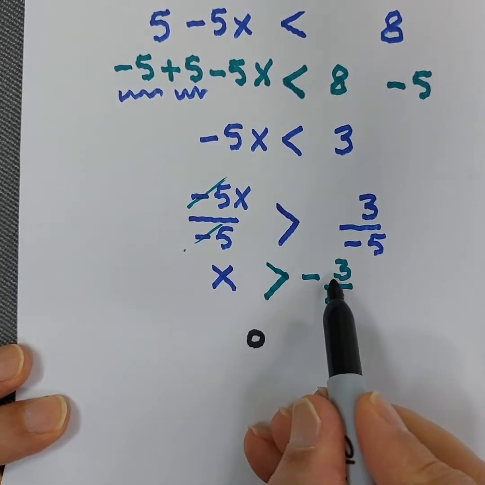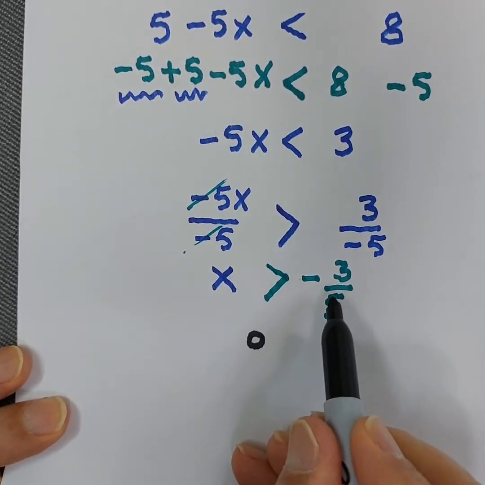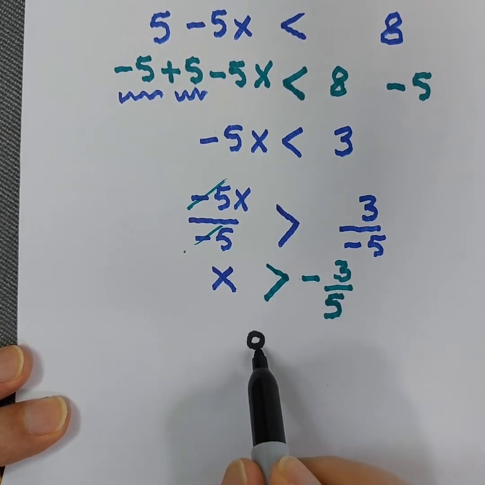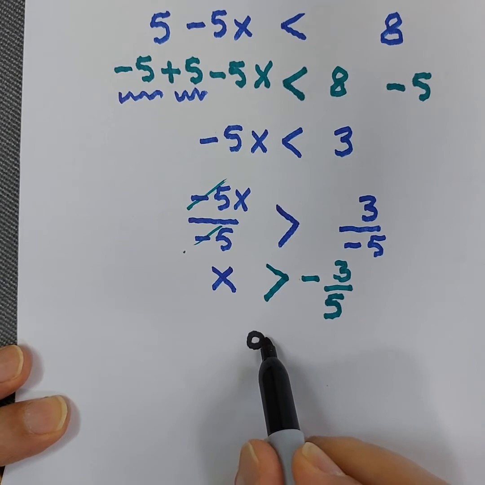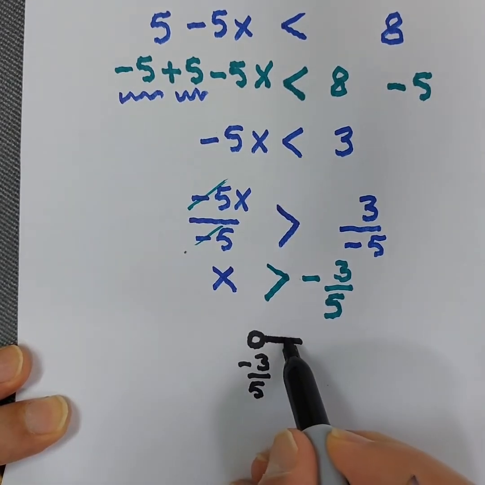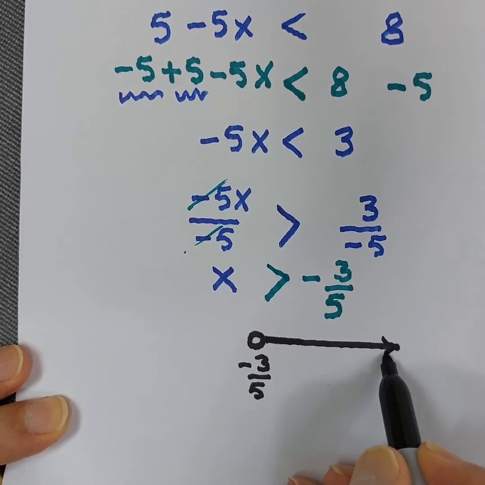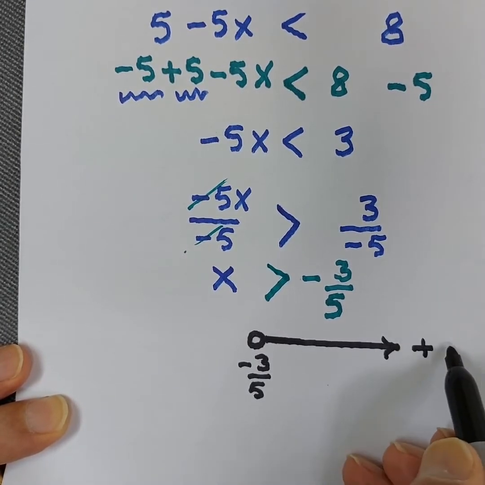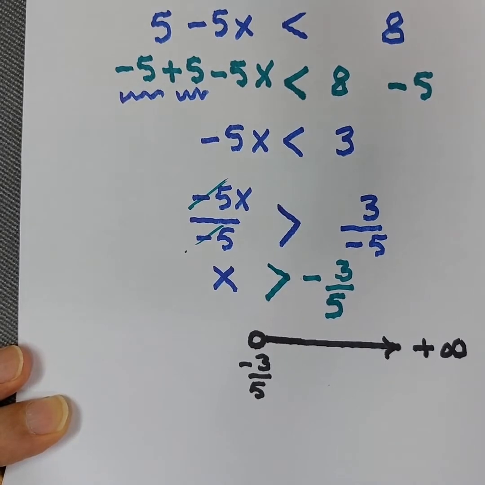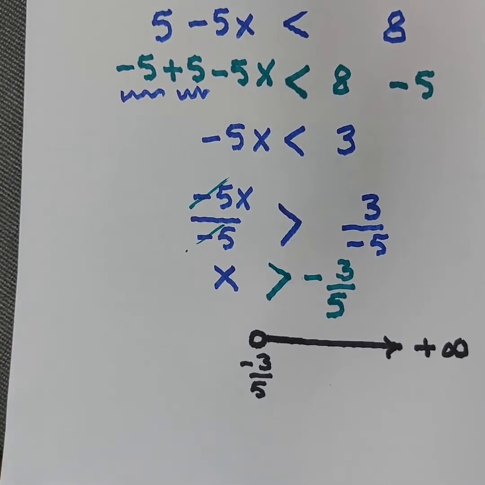That means the number here will not be included in the answer. That's why I put an open circle, and so we move in this direction to plus infinity. This is how to represent the answer on the real number line.